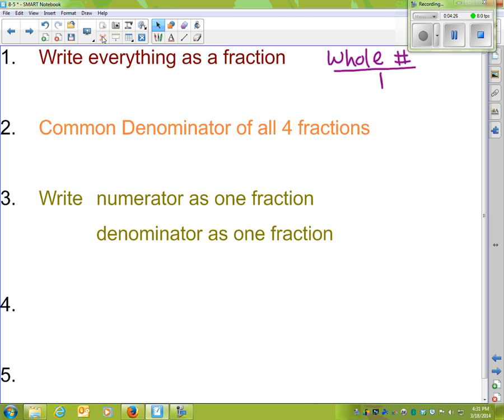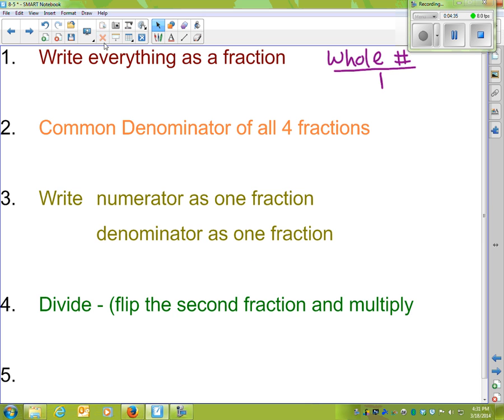With the common denominator, we wrote the numerator as 1 fraction and the denominator as 1 fraction. Then we divided the 2 fractions. You take the second and you flip it and multiply. After that, simplify. Cancel if we can, factor if you can, cancel some more.